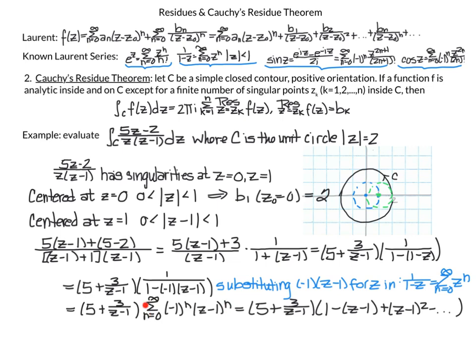When I plug into my summation formula n equals 0, I get 1. For n equals 1, I have my -1 times z minus 1 to the 1. For n equals 2, I'll get a positive z minus 1 squared. For n equals 3, I'd get a negative z minus 1 cubed, and I continue. But I can see here, when I'm looking for my b1, that's the coefficient in front of my z minus 1 to the -1 term, when I multiply 5 times this factor here, I'm not going to get anything with a negative exponent, so that isn't going to contribute to b1.